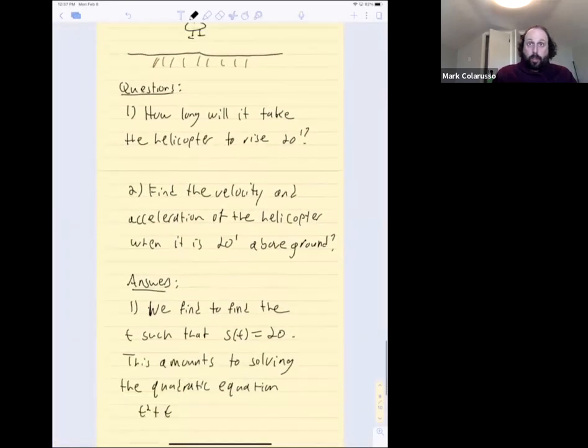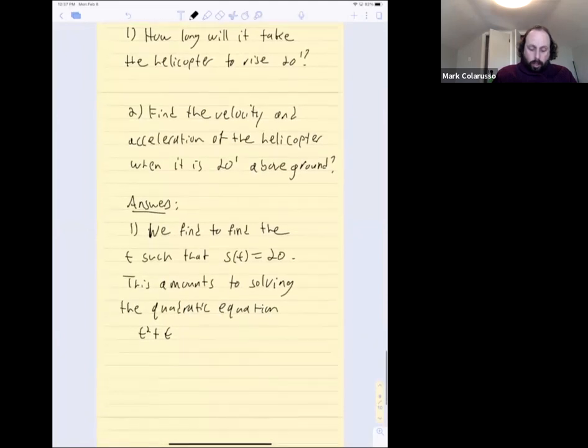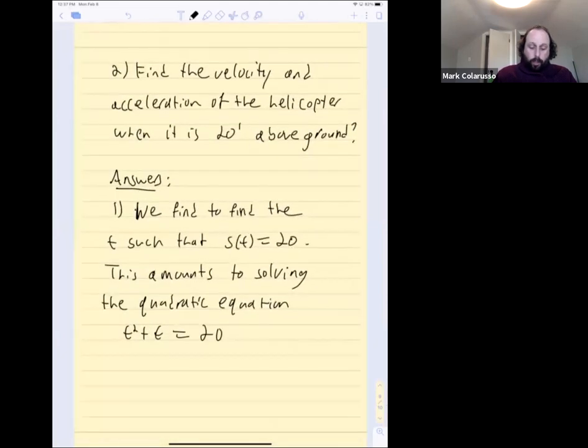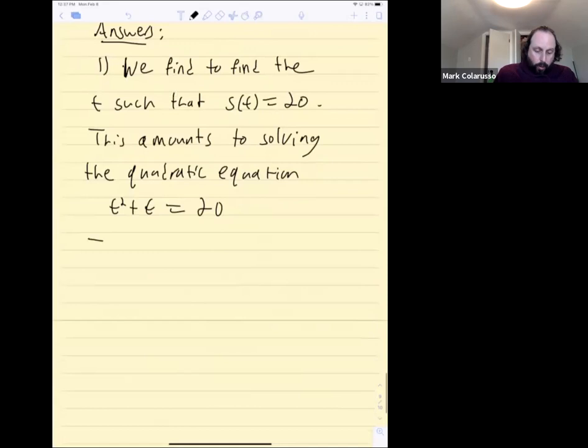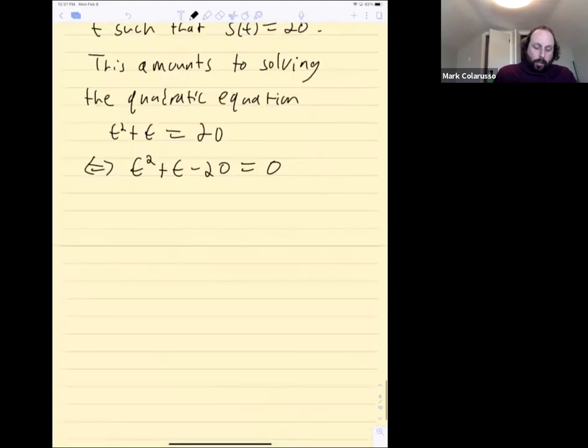So this amounts to solving the quadratic equation t squared plus t equal to 20. That's equivalent to the equation t squared plus t minus 20 is equal to 0. And this actually factors easily. So it's t plus 5, t minus 4 equals 0.